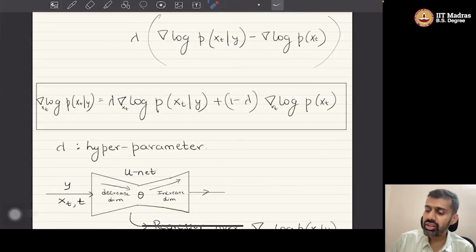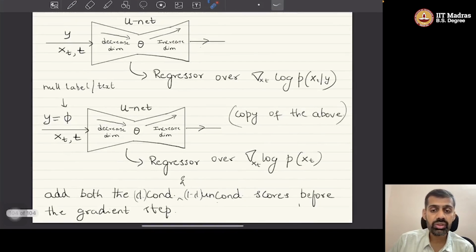So now why is this important? This is important because we are representing the conditional score in terms of lambda times the conditional score and 1 minus lambda times the unconditional score. We just take a copy of these two and do the exact same thing, but the only difference is that once we give y as an input, the embedding of the text or the class label, the other time we give the null text or null label as an input, which is all zeros or the embedding corresponding to the null text.